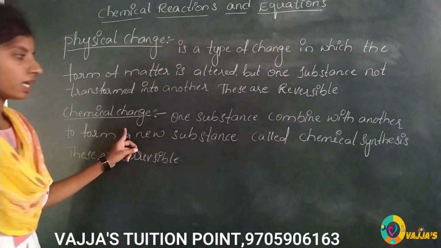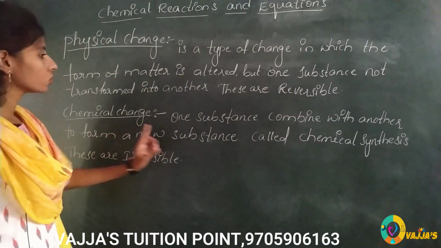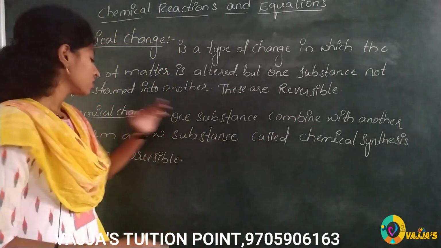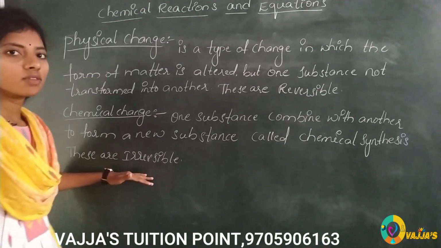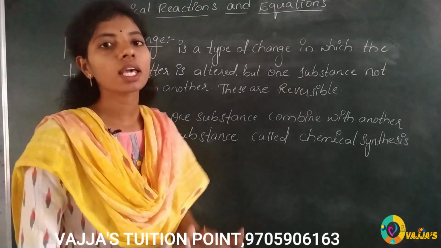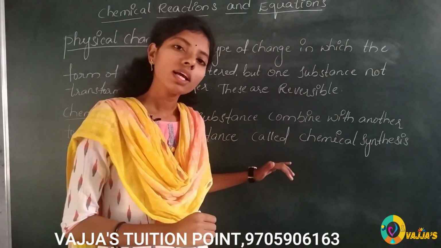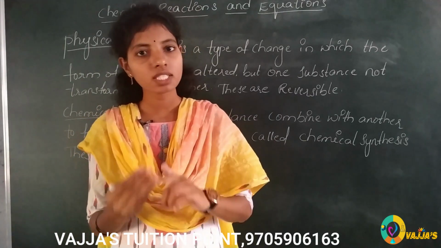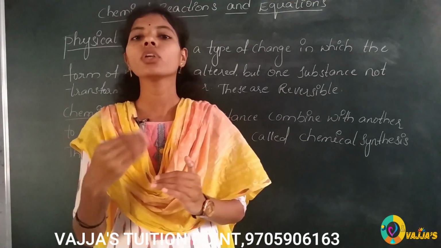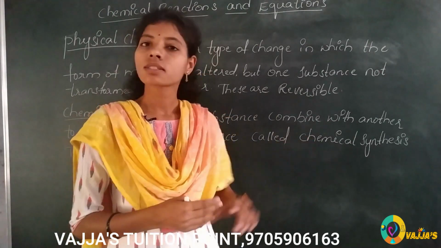Now see chemical change. One substance combined with another to form a new substance, called chemical synthesis. Generally these are irreversible. Irreversible is nothing but one substance cannot return to its original state. When one substance is combined with another substance, it will give a new substance, called chemical reaction or chemical synthesis.